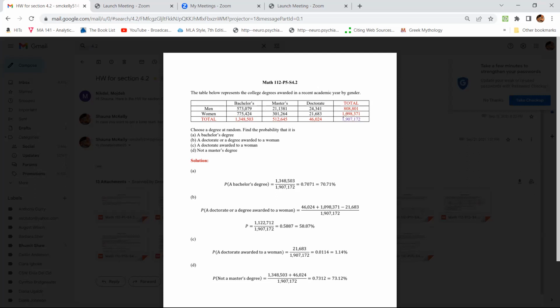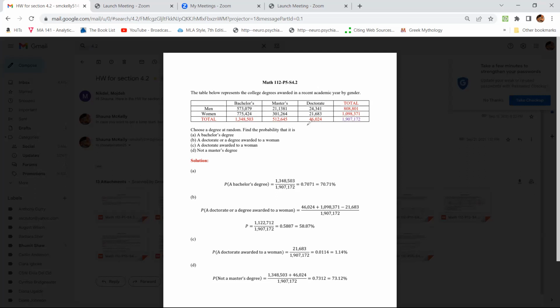Now, if you add up those two totals that you see on the right, 808,801 plus 1,098,371, you get 1,907,172.